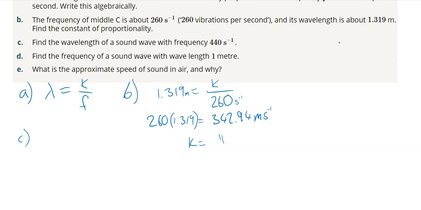So the wavelength, what was representing our wavelength? Lambda. So lambda is equal to 342.94 divided by 440. And this was meters per second divided by 440 per second, vibrations per second. The result there is obviously going to be meters.